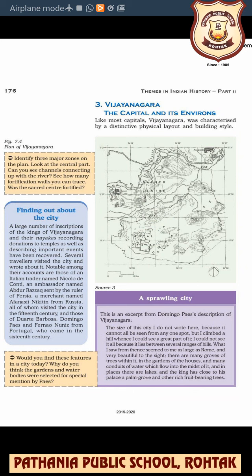With that we will also discuss the urban area of the Vijayanagara Empire. So now we will start this topic. Like most capitals, Vijayanagara was also characterized by its distinctive physical layout and building style. As we know, beta, whatsoever kingdoms there were, they had their own architecture style and building style.